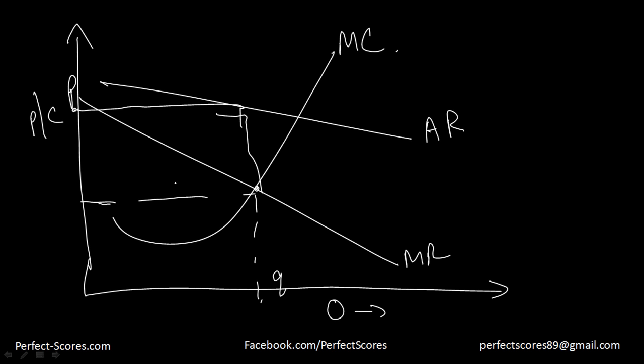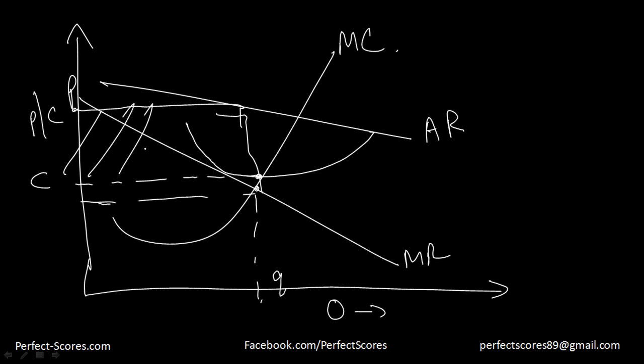So if this is the price, and let's suppose the average cost curve is right here, then at this point, it's going to be my cost. So this is going to be my abnormal profit.